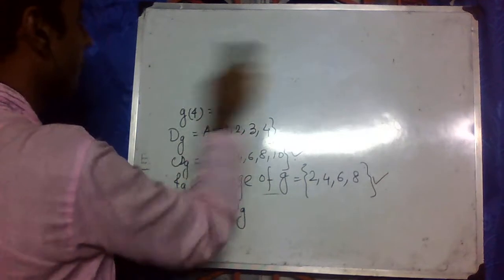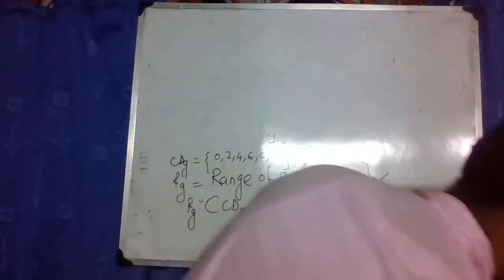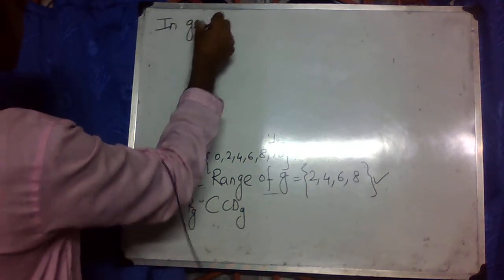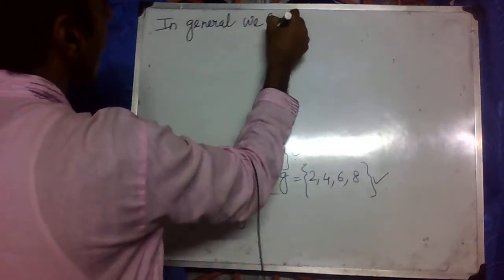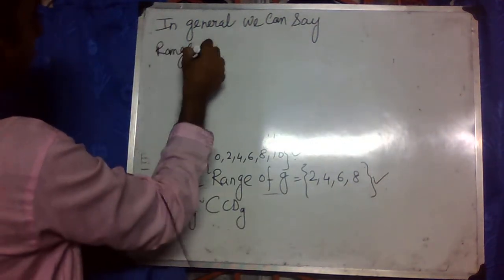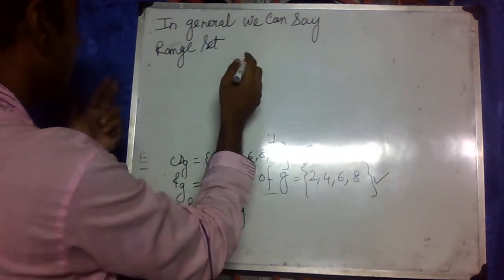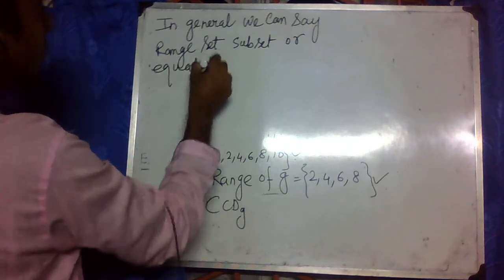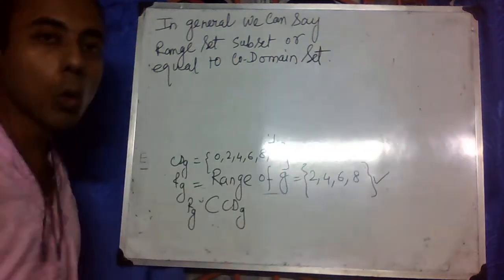Now, in general, we can say range set is a subset of or equal to codomain set.